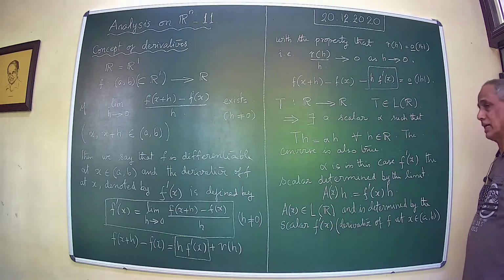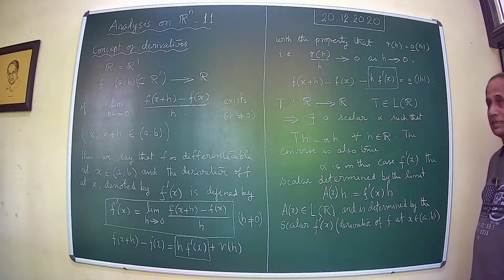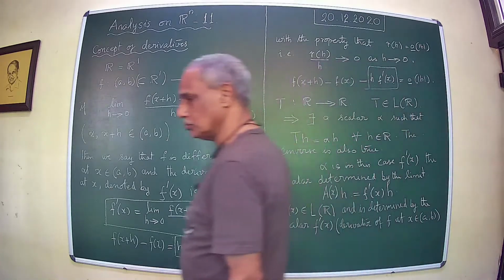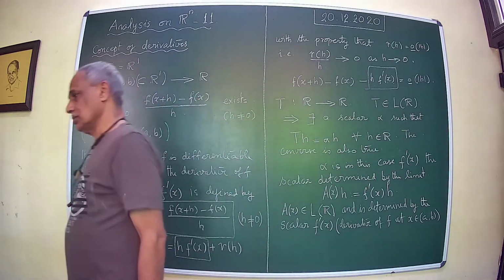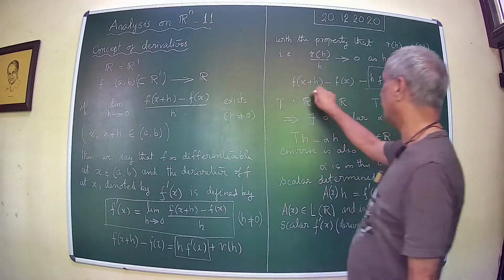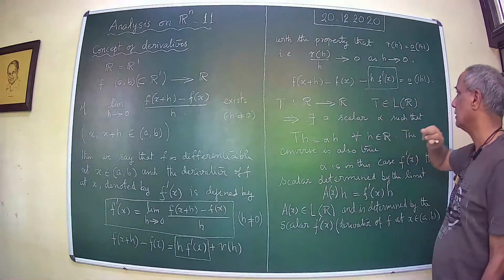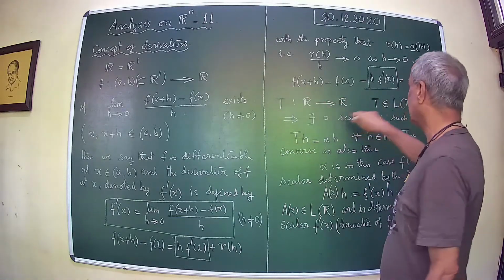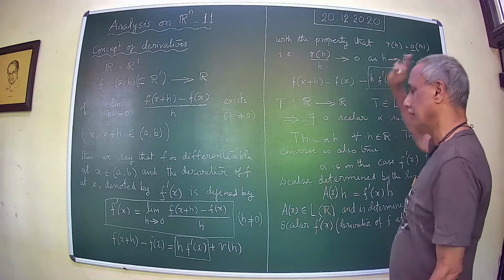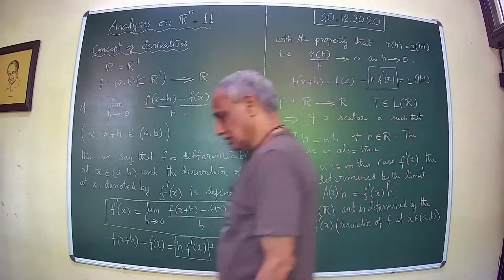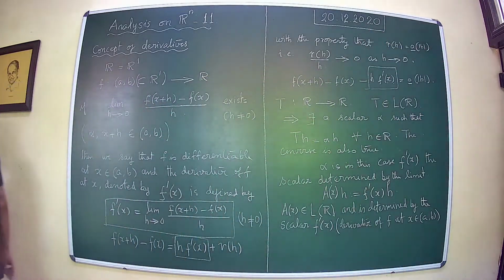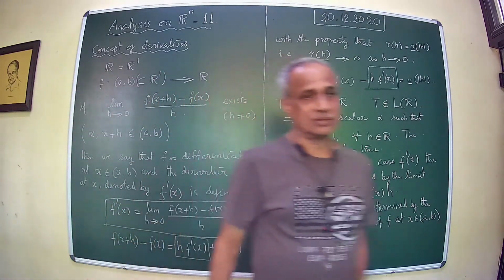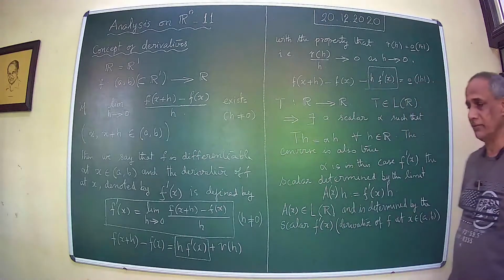So that as h tends to 0, R of h divided by h goes to 0. So that in the limit of f of x plus h minus f of x divided by h, the limit of that is given by f derivative of x. Now this is what we have in our classical calculus, the concept of derivative.